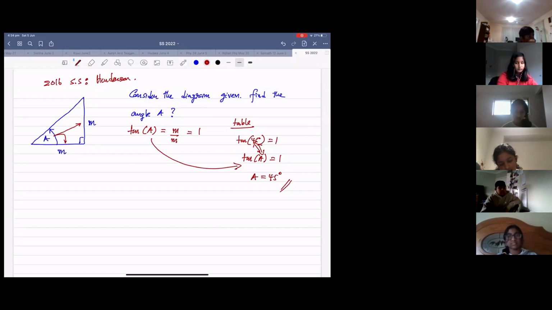Now you understand what kind of questions this Victorian government asks from you, but I understand the school people are not going to teach any of these. That's sad, but we are here to learn these things. Okay. I think we are good until that point. Any questions so far? So you understand how to do those kinds of questions now, right? Actually, question number 27. This is Henderson, 2016, question number 27.